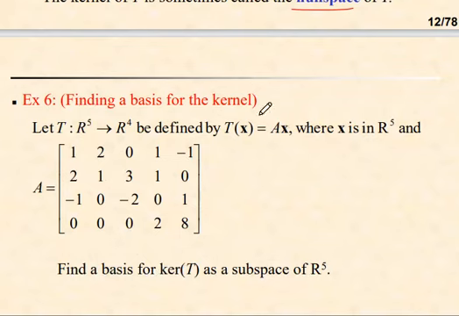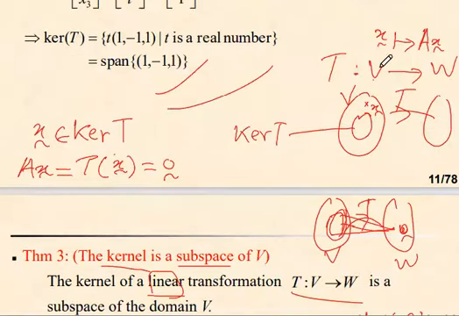So if you write this transformation in matrices, basically if you want to find the kernel of T, what do you want to find? You find the solution space of this linear homogeneous system.